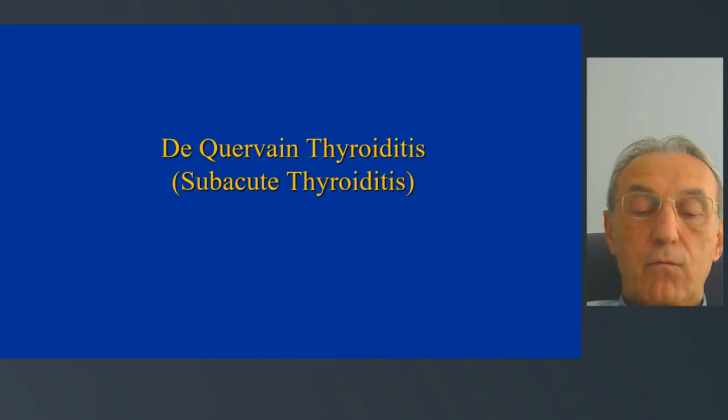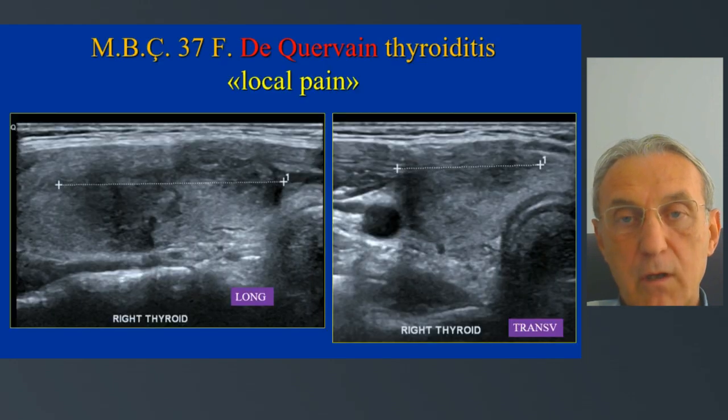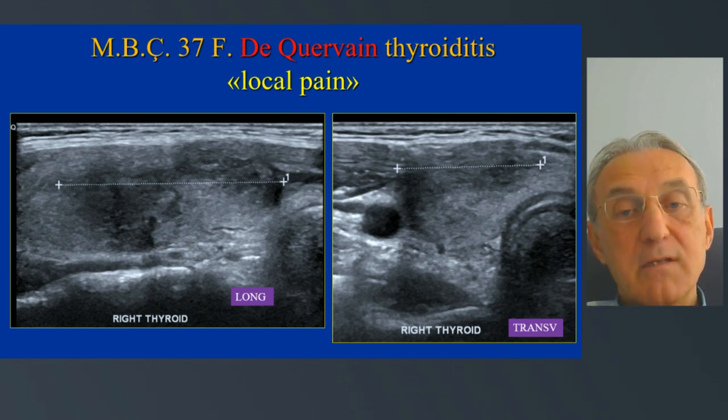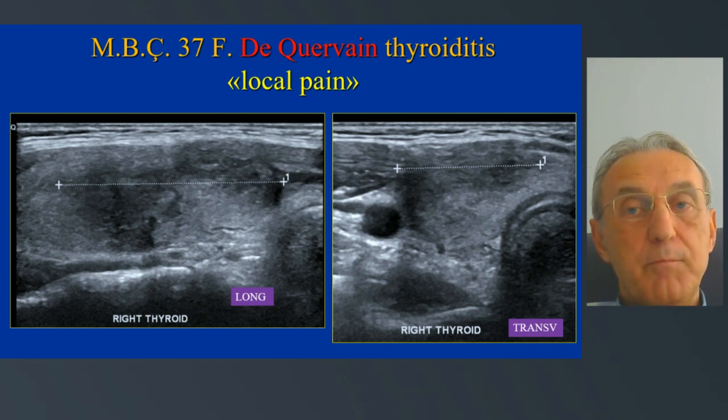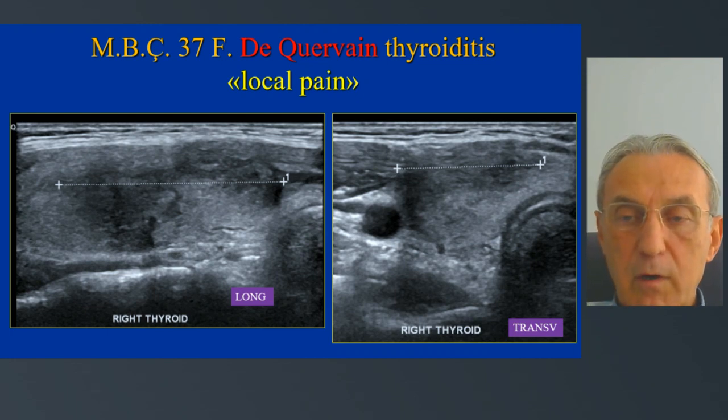What about de Quervain thyroiditis? Actually, if we know the sonographic features, we can differentiate it, and the local pain, just pressing the probe, may give the patient pain if you are on the right point. So this is a 37-year-old female. You see the right lobe.